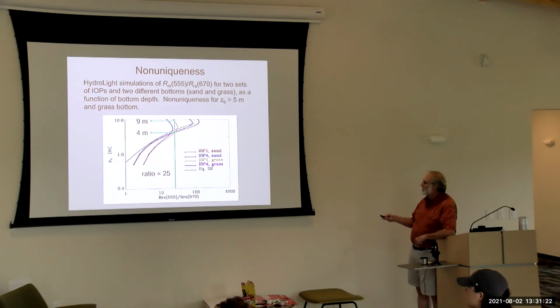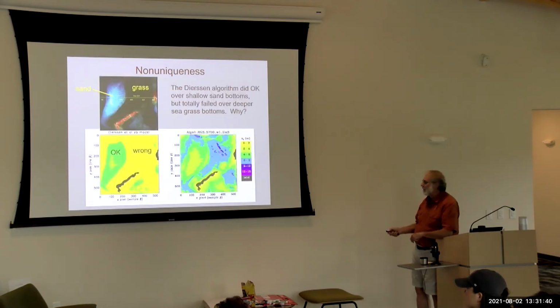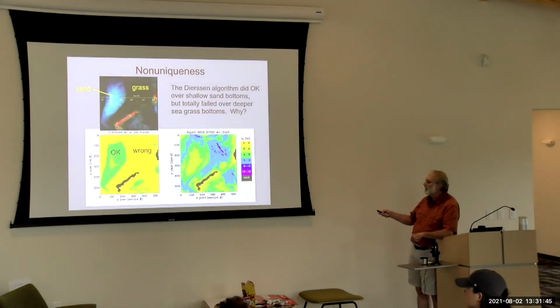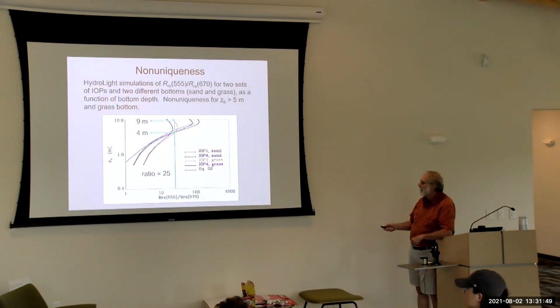So let's take the IOP set 1 sand bottom, and that's this red curve that's coming along here. And I come up on the ratio value of 25. I come up to the red curve and it says it's about 4 meters deep. Well, great. That's exactly what we're looking at here, sand bottom, and I'm getting a good retrieval.